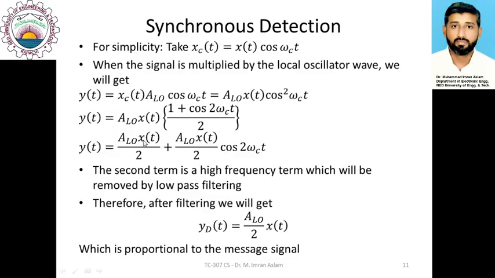One is the message signal and the other is the high frequency term, and this high frequency term can easily be removed by using low pass filtering. So we will end up with the required component only. Basically, whenever we need a synchronous detection, we need to multiply the signal with the local copy of the oscillator, and then pass it through the low pass filter.